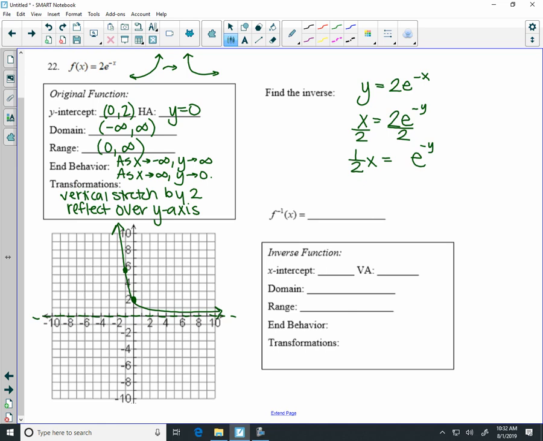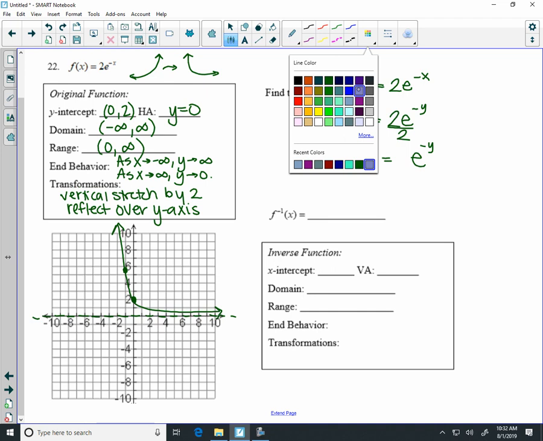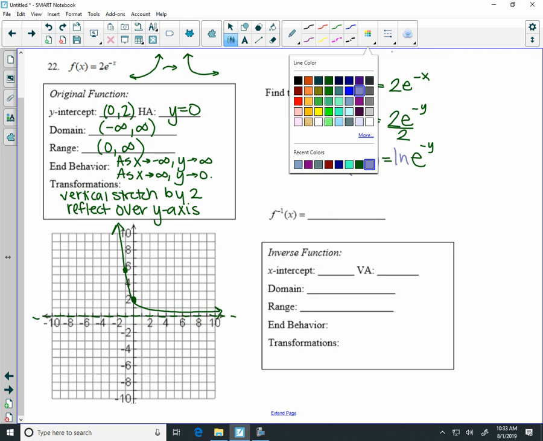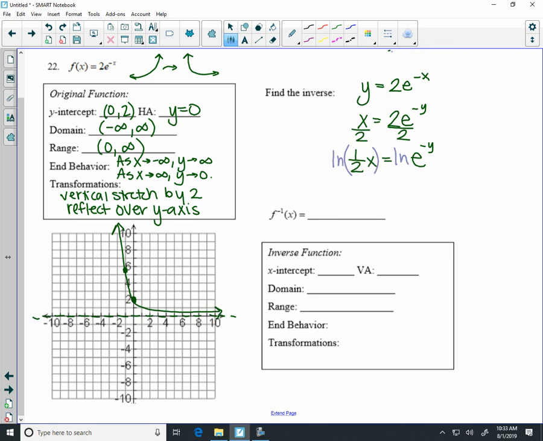In order to get rid of the e, I'm going to take the ln of both sides. ln of e is 1, but taking the ln not only got rid of that e, it lets me pull down that negative y. And then I need to divide by negative 1.